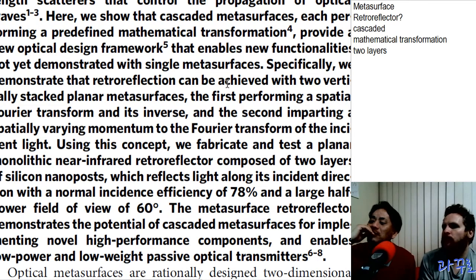What I think that means is that over a range of 60 degrees, they see at least half of the incident light being reflected back at the same angle.